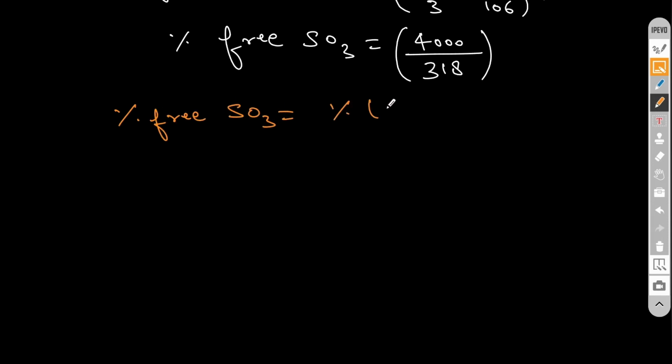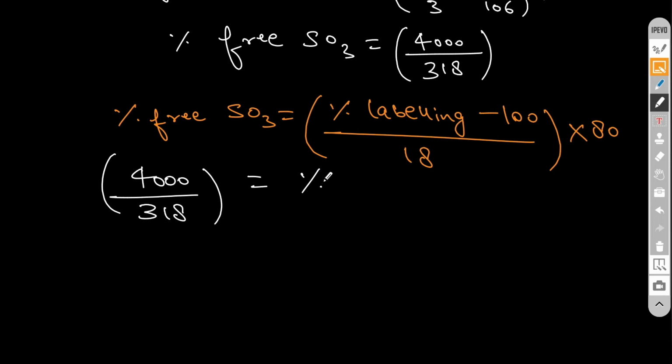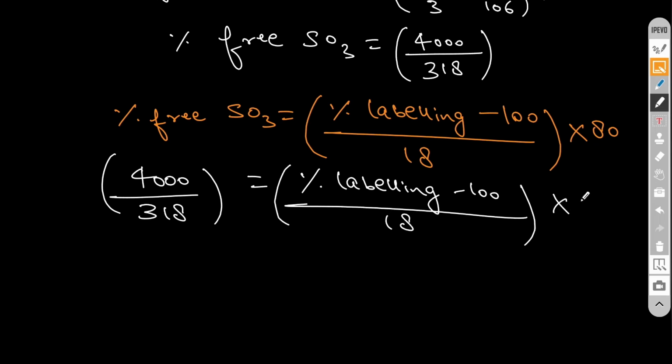Now we'll write the formula for percentage labeling, which is percentage free SO3 equals percentage labeling minus 100, divided by 18, multiplied by 80. Simply we'll put the value that percentage free SO3 here is 4000 divided by 318, equal to percentage labeling of oleum minus 100 divided by 18 multiplied by 80. We'll simply solve it and we'll get the answer for percentage labeling.